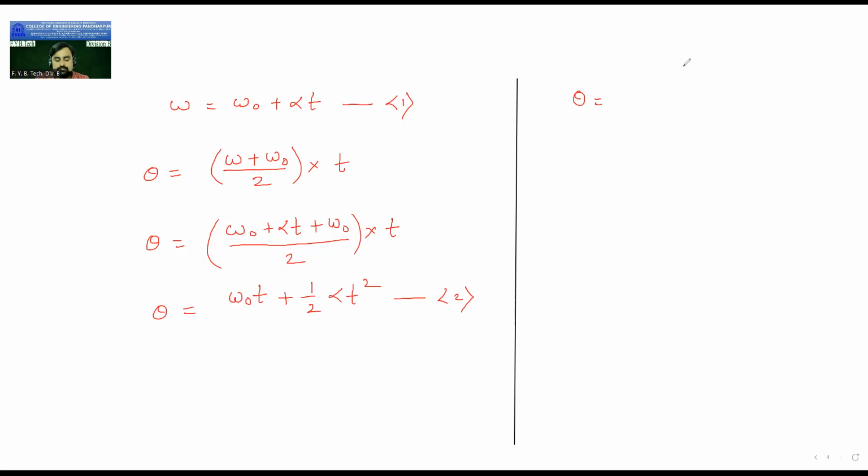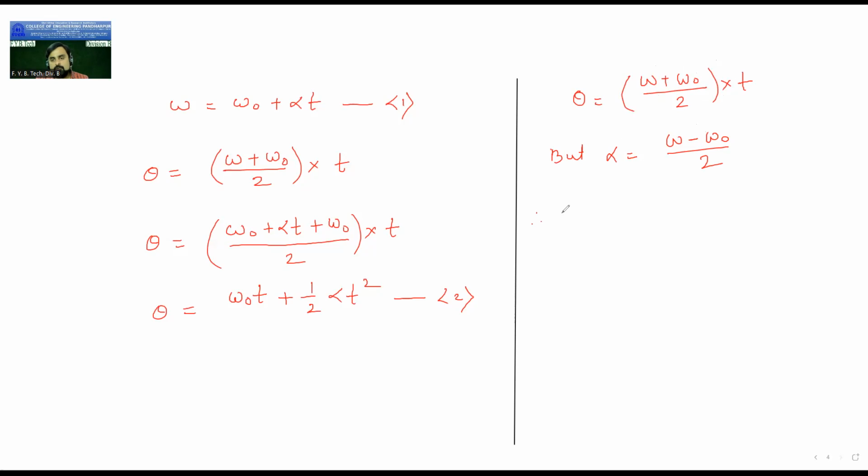Theta is equal to omega plus omega 0 by 2 into t. Okay, so therefore, but alpha is equal to what? Alpha is equal to omega minus omega naught by 2.